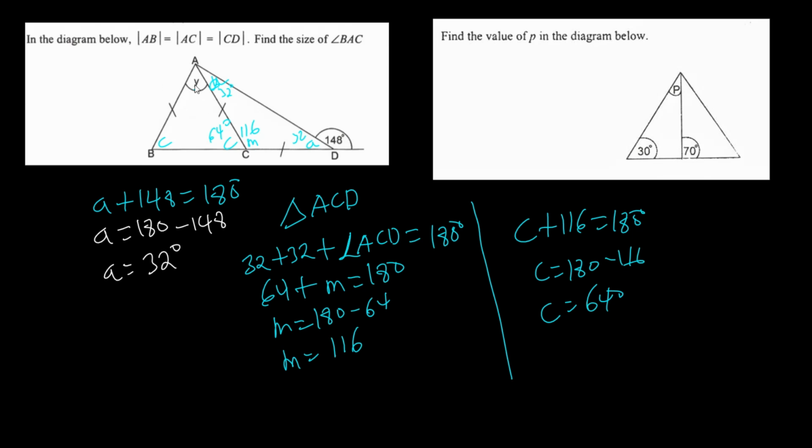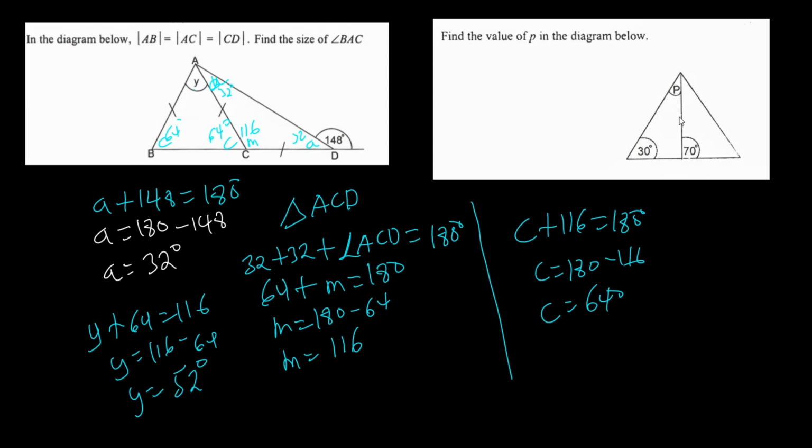I can sum the interior angles to get y, or I can say that angle y plus 64 is equal to 116, because the sum of two interior opposite angles is equal to the exterior angle. So y is equal to 116 minus 64, which will give us 52 degrees. So angle y, or angle BAC, is equal to 52 degrees.